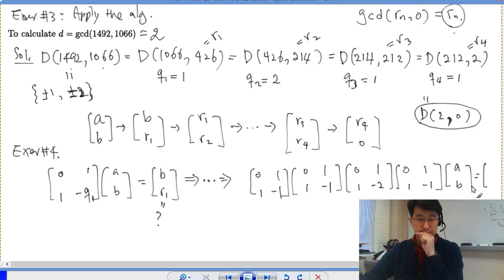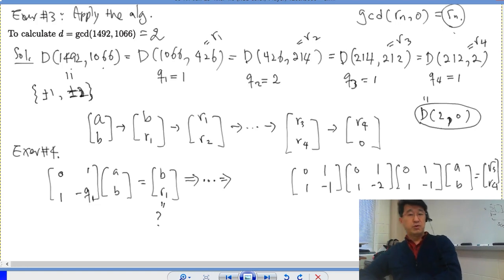Don't you think? To arrive there, I think I should stop right here. To arrive at R4 down here, that's what I want. R4 and R3, you multiply 3 of them, I think, to enter that. Fair enough?